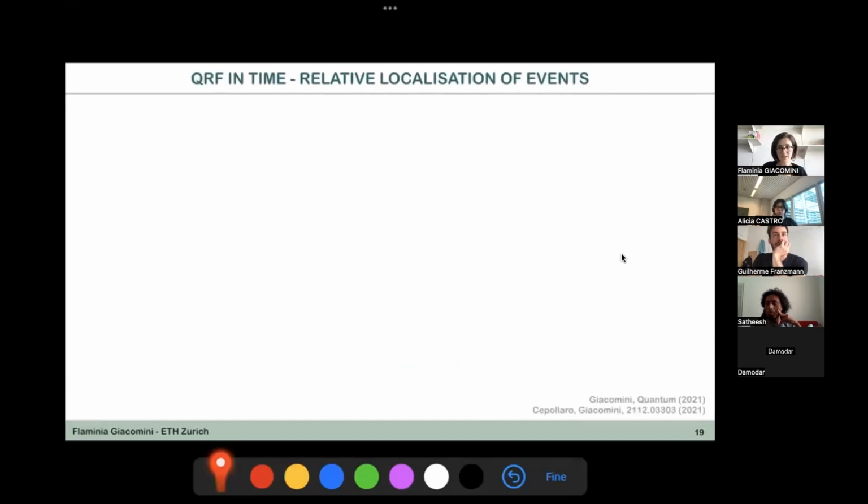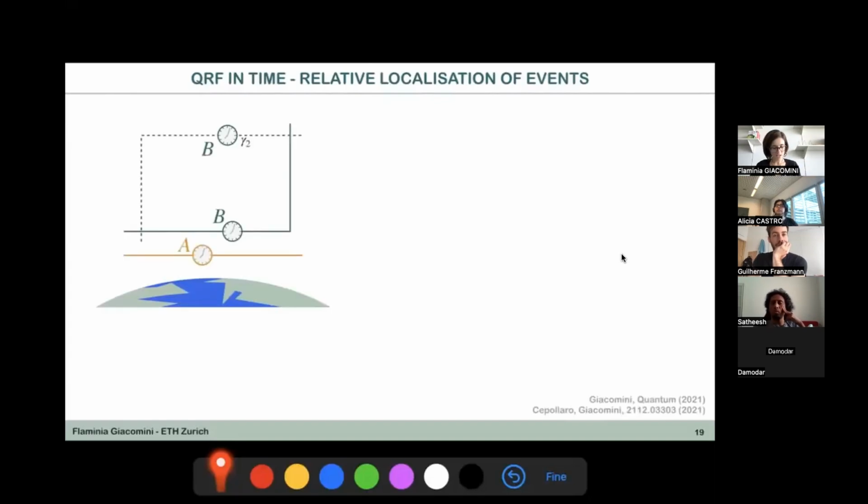So what can you do with this? Imagine that you have an atom, a clock, and you put it in an interferometer. So now let's go back to the clock lecture yesterday. We have the Earth, and we have a clock that is inertial, on the surface of the Earth.